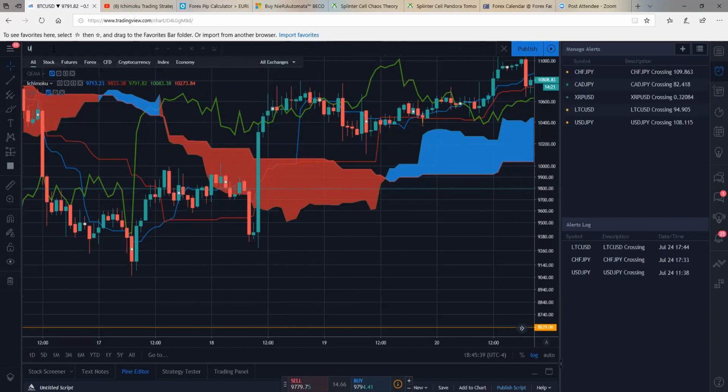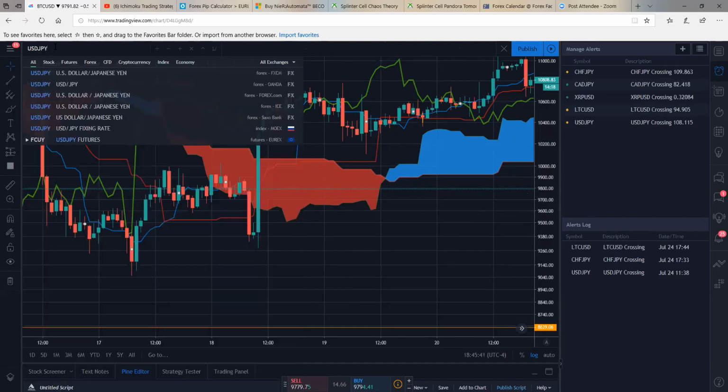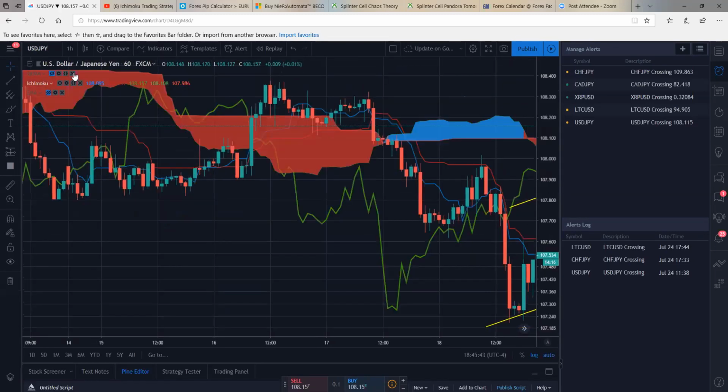When you are trading currency pairs, one country's currency against another, like the dollar versus the yen, they are open 5 days a week, 24 hours a day. It's closed from Friday at 5 p.m. until Sunday at 5 p.m. It is closed.